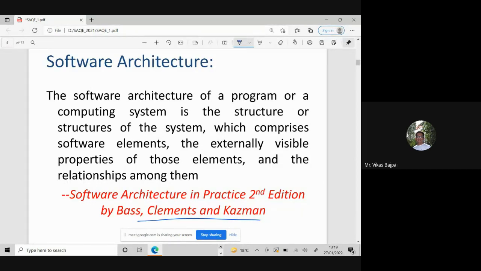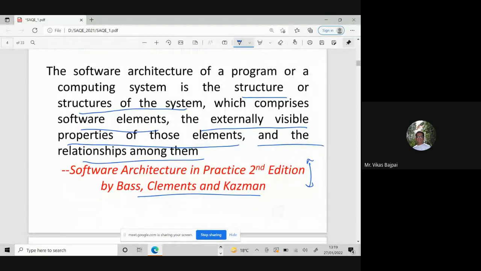The software architecture of a program or a computing system is the structure or structures of the system which comprises the software elements, the externally visible properties of those elements, and the relationships among them. I took this definition from Bass, Clements and Kazman, second edition. It's a very popular book as far as software architecture is concerned.